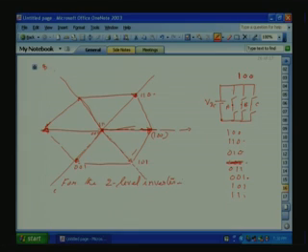For the 2-level inverter, all the 6 active voltage vectors lie along the radii of a hexagon.